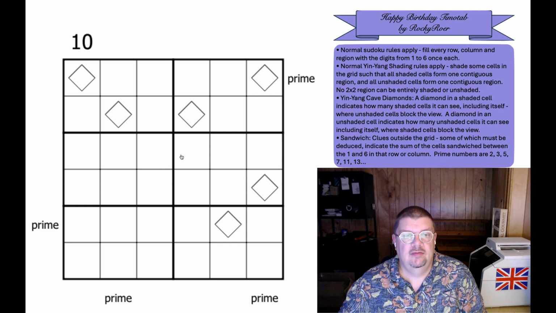All right, let's think about actually solving now. We've got some prime clues for sandwich, but we've got an actual 10 here. Now, the largest I can possibly make the inside of a sandwich is 14.